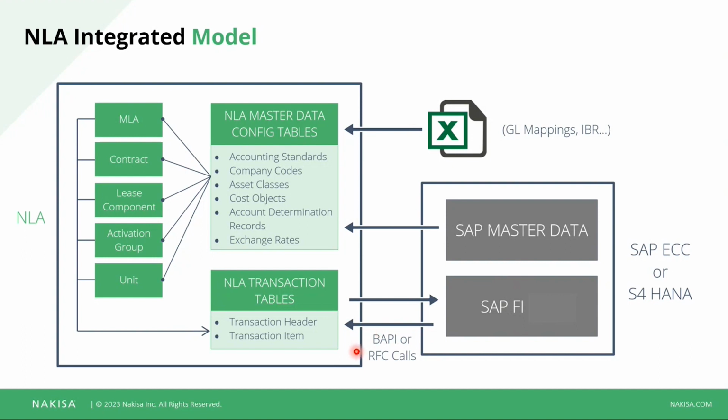We take advantage of the definition of the BAPIs, or these software protocols. For those of you that are not technical, it doesn't really matter. This is just software protocols to make Nakisa and SAP talk in a natural way.